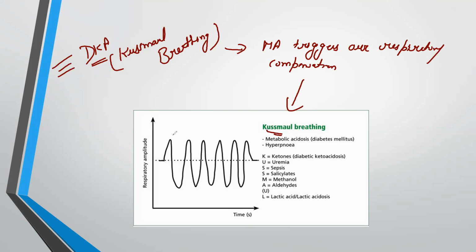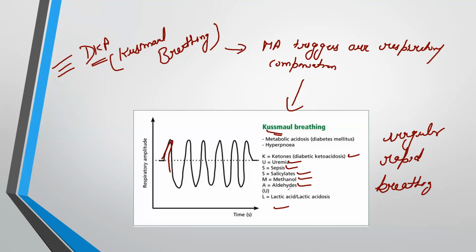And what is Kussmaul breathing? You can see here: rapid, irregular breathing. It occurs in diabetic ketoacidosis, uremia, sepsis, salicylates, methanol, aldehyde, and lactic acidosis.